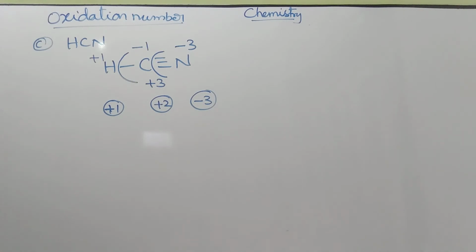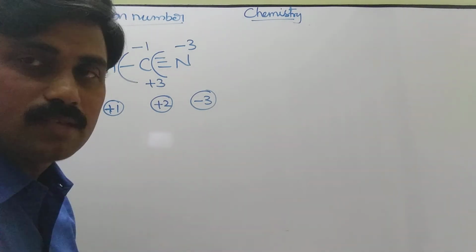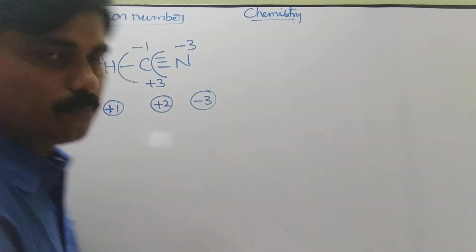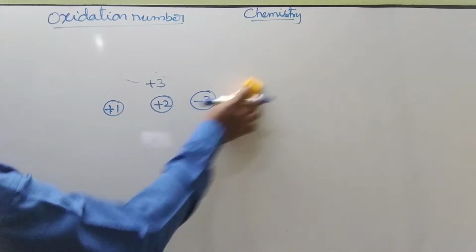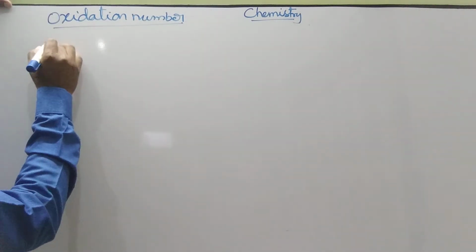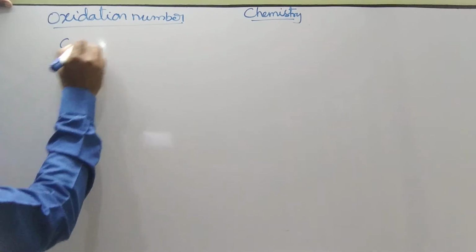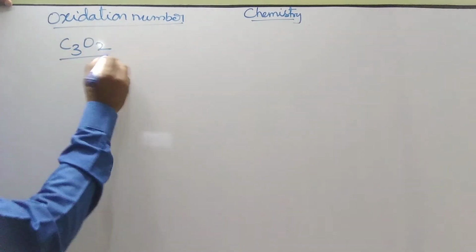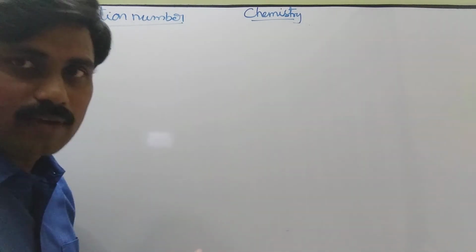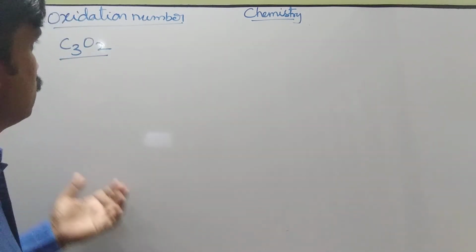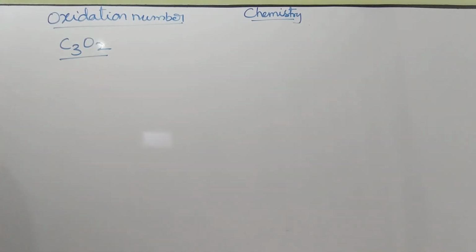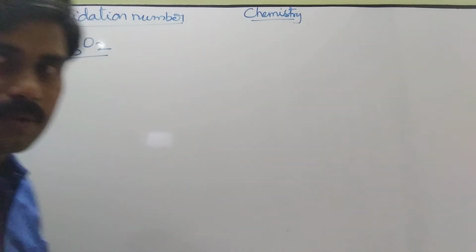Now, based on these electronegativity values, we may compare the previous examples. Come to the previous examples. Suppose carbon suboxide, which is C3O2. In C3O2, actually the average oxidation state we have calculated. So the average oxidation state of carbon in C3O2 is +4/3, we got previously.